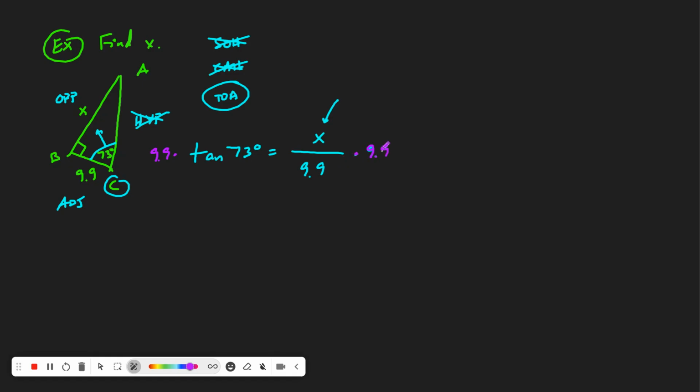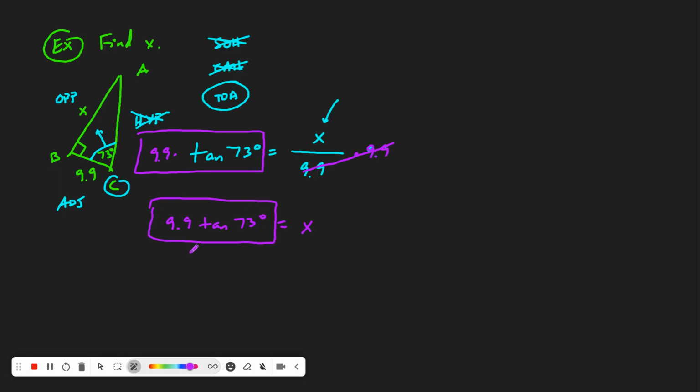And now what's going to happen is over here, the 9.9s cancel. X is by itself. I'm going to rewrite it right here: 9.9 tangent 73 degrees. You can put the times or just write it next to it. This is what we're going to type into Desmos to get our answer.